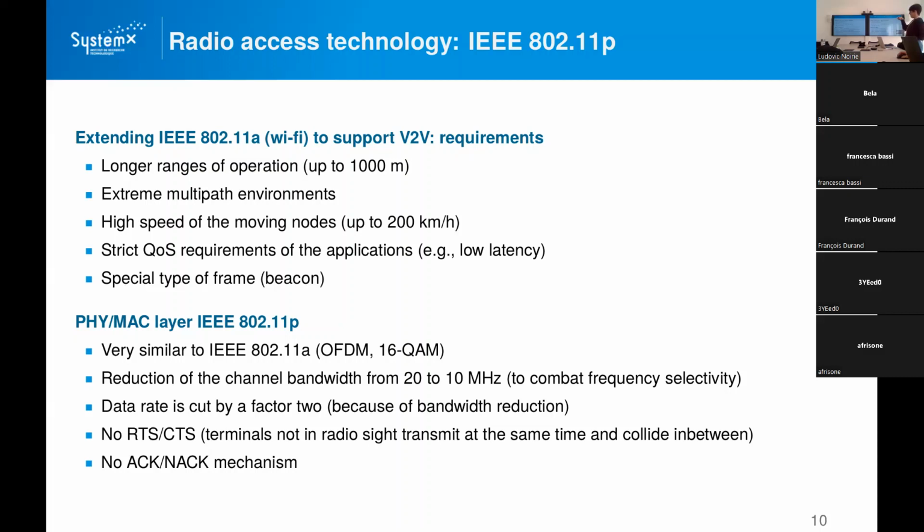At the time this was set, the application was: I am driving and my car is receiving beaconing from the other cars, and maybe I get an alert, but I am just driving. So it's not at all the requirements that you have in critical systems, as you were saying before. It's relatively strict QoS requirements, but with low latency.